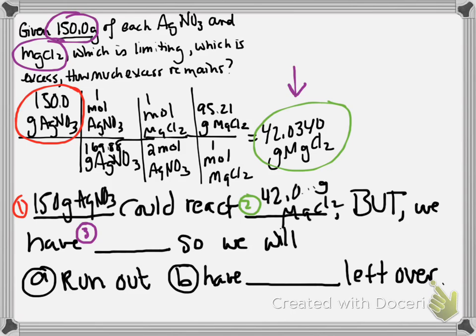So this is 150 grams of magnesium chloride. So then we need to look at this and figure out if we're going to run out or not.